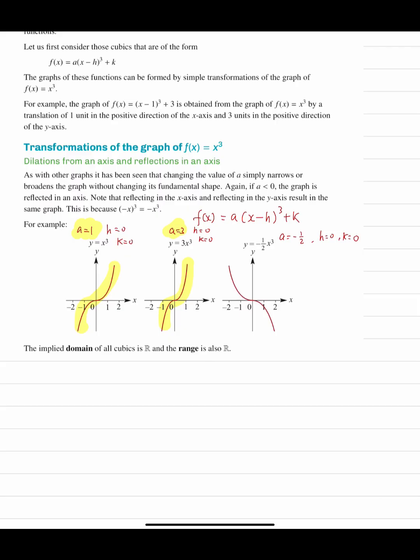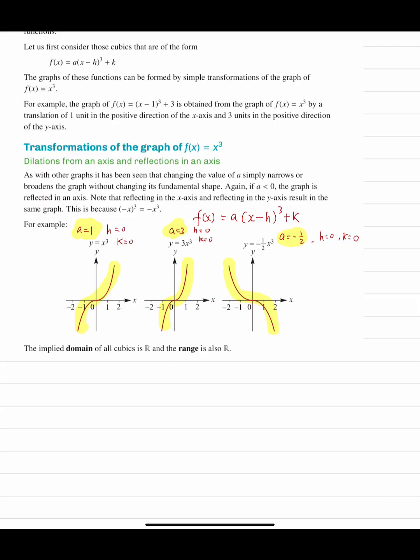While if a is a negative value, you get the opposite trend. It looks like the trend of a linear graph, but clearly this is a non-linear graph. When a is positive, you get an overall upslope. When a is negative, you get an overall downslope.